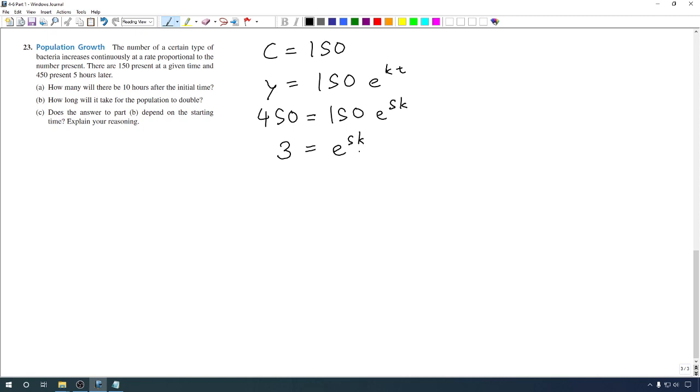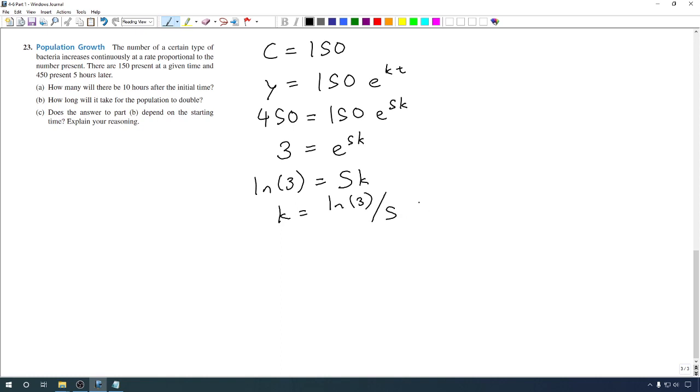Now that I have an exponential equals some number, I can turn this around and turn it into a logarithm problem. Basically, the fact that we have 3 outside means it's now going to be inside the logarithm. And this stuff that was inside the exponential is now outside the logarithm. So my k is just going to be ln of 3 divided by 5.